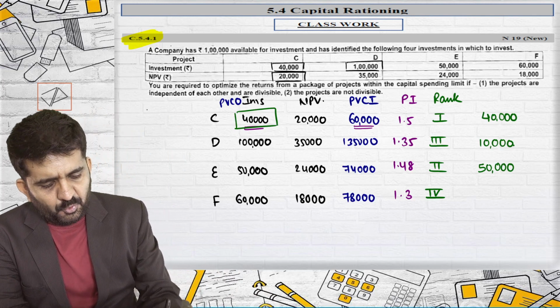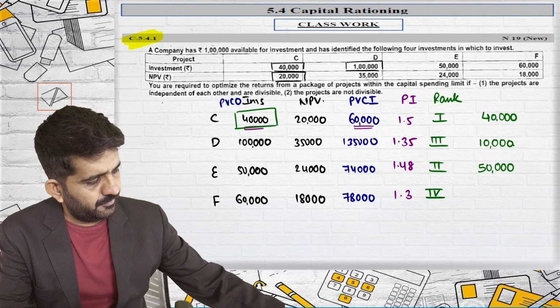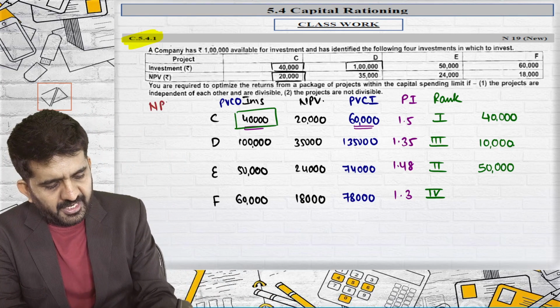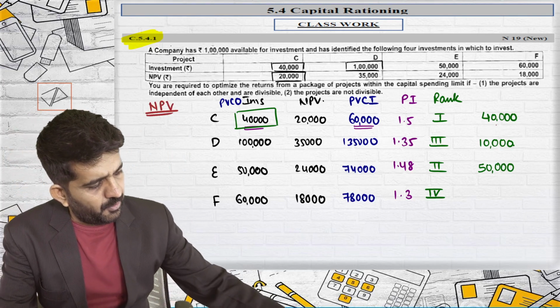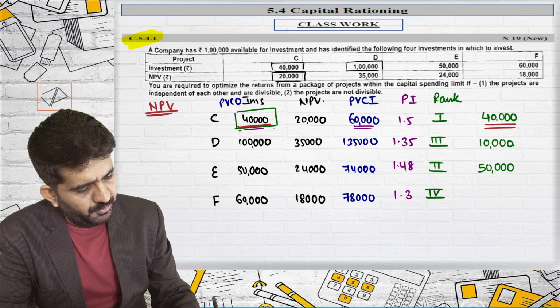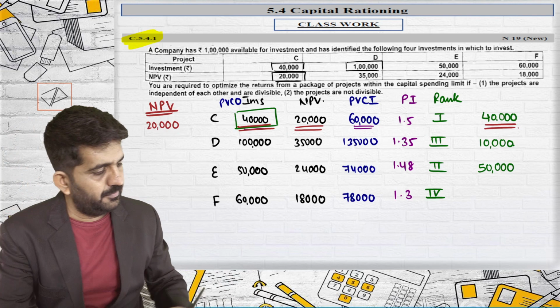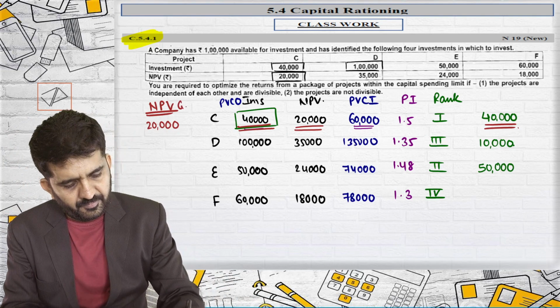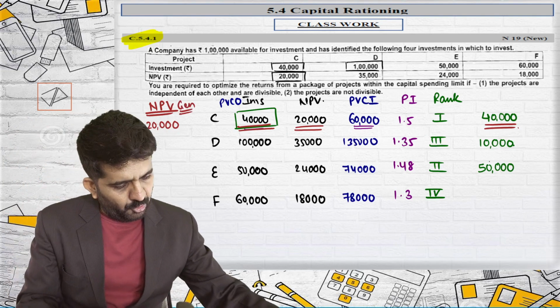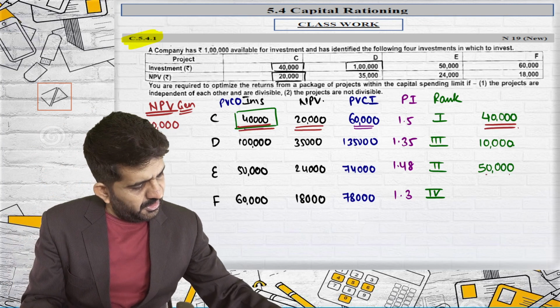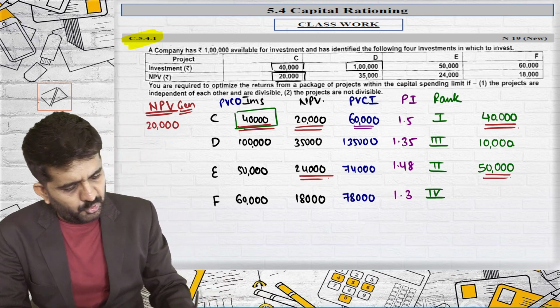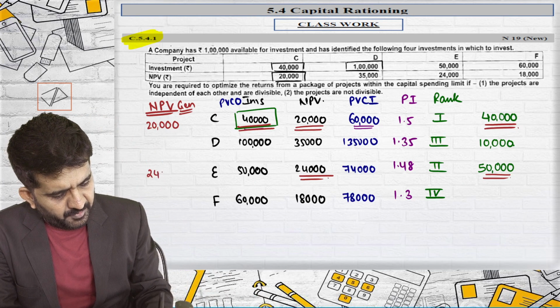What NPV you will generate? From project C, you are doing full project, so you will generate NPV of 20,000. Project E, you are doing it fully, so you will be generating NPV of 24,000.